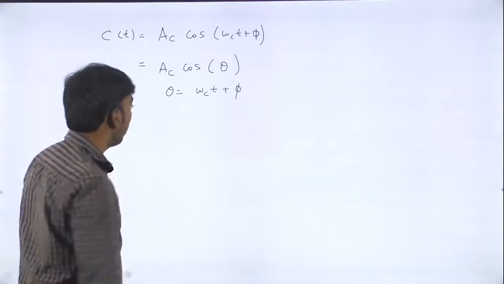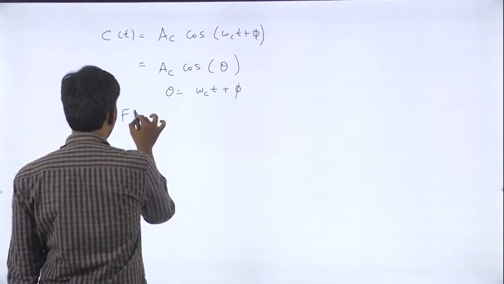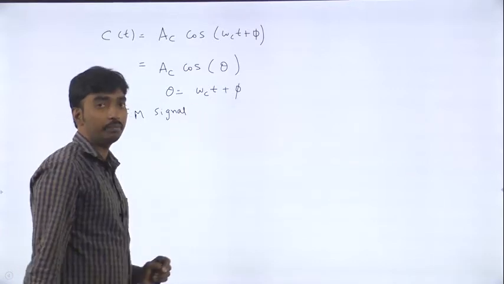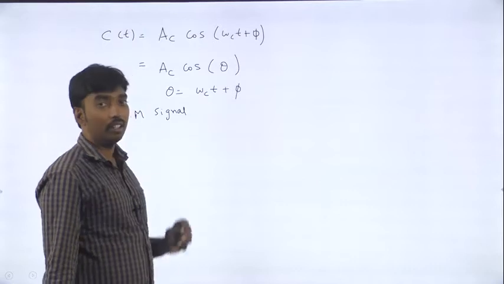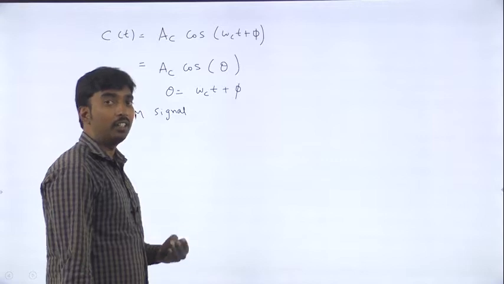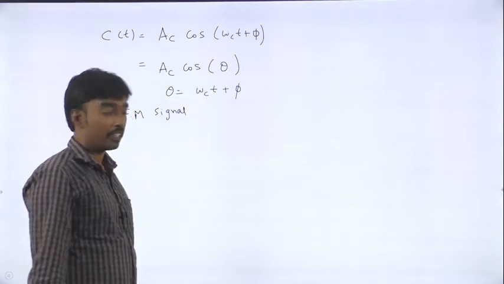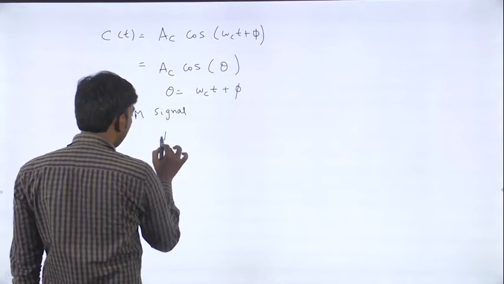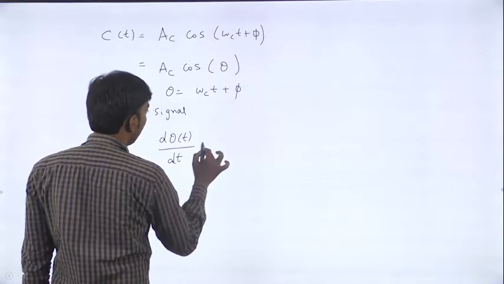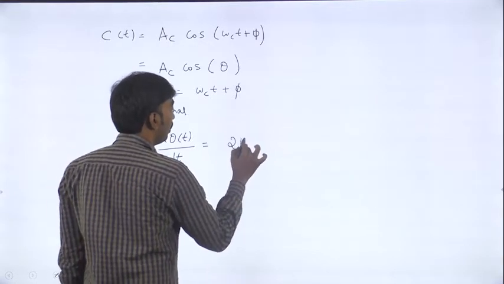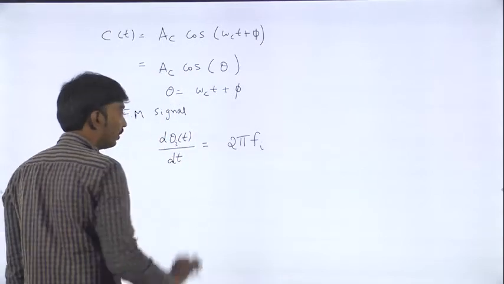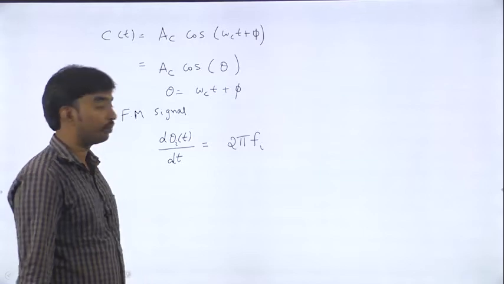Now if I want the frequency modulated signal, I have to differentiate this angle. From your basic plus 2 knowledge, if you differentiate the angle you will get the frequency. Now d theta of t by dt is equal to 2 pi Fi. This is instantaneous.